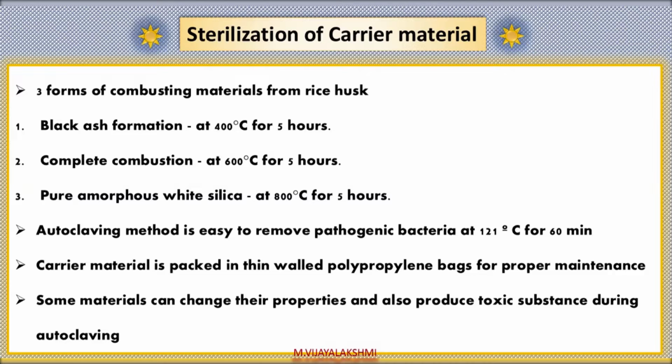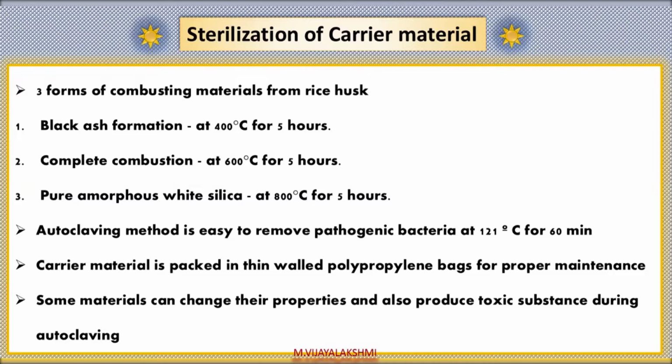Care should be taken to prevent the loss of pressure after autoclaving. Here the sterilization is the best method and is also conducted on 2 consecutive days. After sterilization, the carrier is packed in partially open thin wall polypropylene bags and autoclaved for 60 minutes at 121 degrees Celsius.